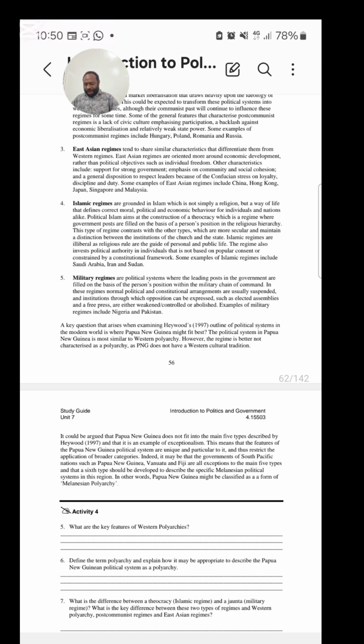So in countries like Saudi Arabia, Iran, Sudan, these are countries that more or less have their constitution and political system derived from the Islamic religion. Okay. You will commonly find these countries in the Middle East. And lastly, number 5 is the military regimes.